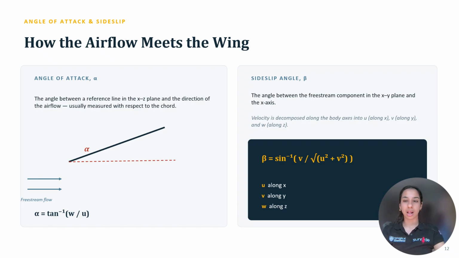So when we say alpha equals arctan w over u, it means along the z divided by the x, because the reference line is in the xz plane. For sideslip it's the xy plane, so therefore it is v. However, to find beta it's different: it's arcsine of v over the square root of u squared plus v squared, so you have to use Pythagoras here.